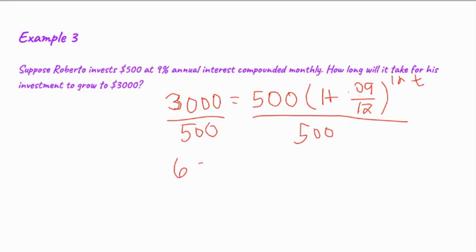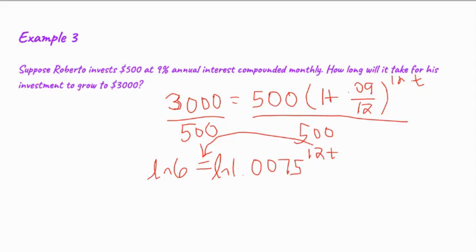We get 6 equals, I'm going to go ahead and get 1 plus 0.09 divided by 12 as a decimal, 1.0075, to the power of 12t. And you guessed it, we're going to use the logarithm. So this brings it out. And then I'm going to divide the natural log of 6 by the natural log of 1.0075.